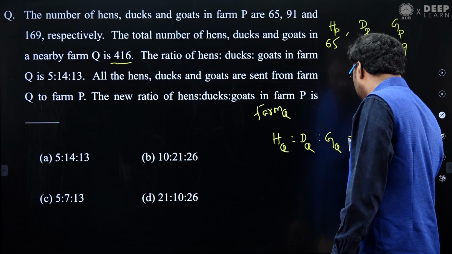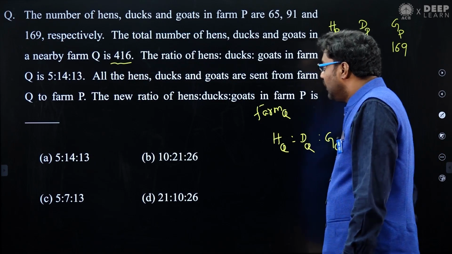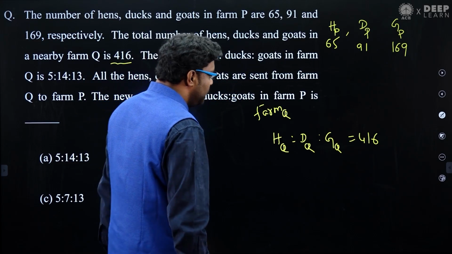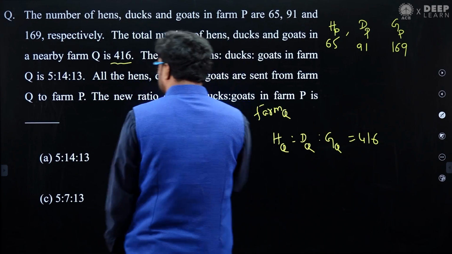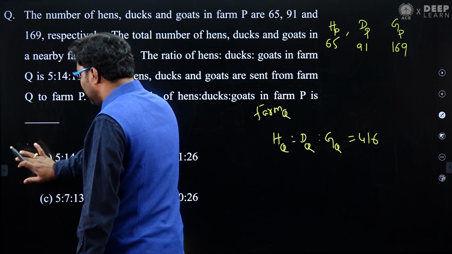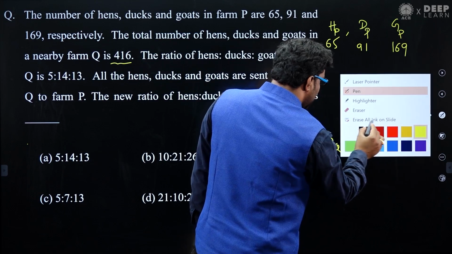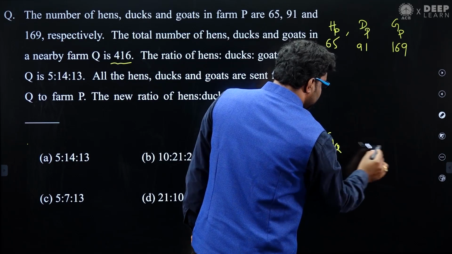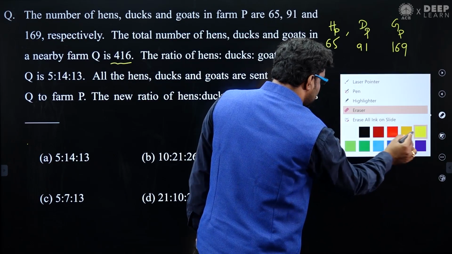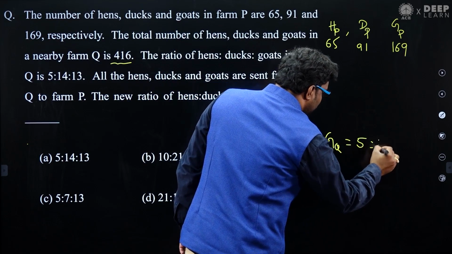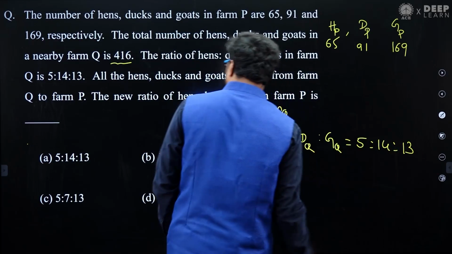Altogether this is 416, but they mention it in the ratio 15, 14, 13. The total value is 416, no need to mention it in that way. This ratio is 5, 14 and 13, my dear friends.